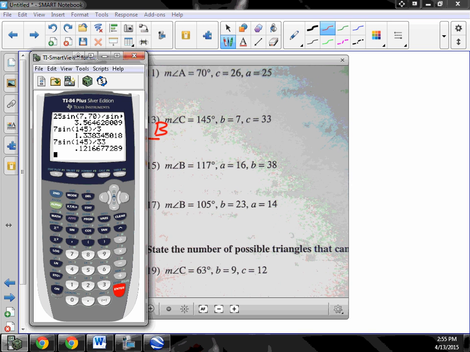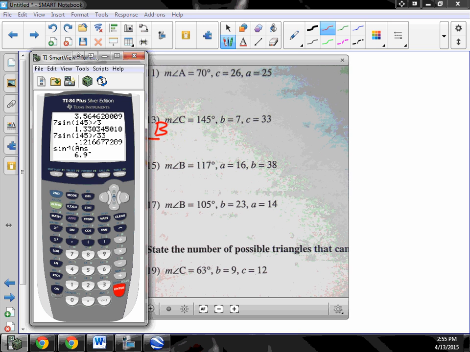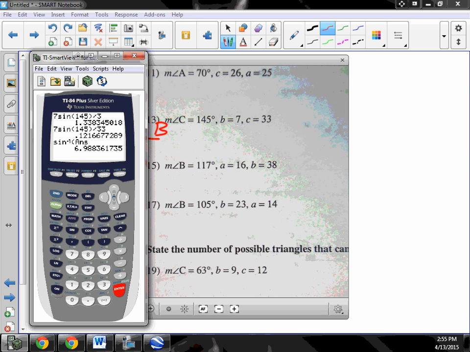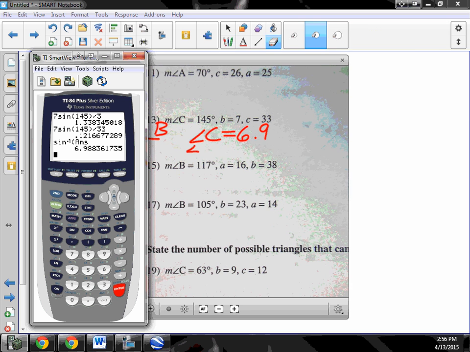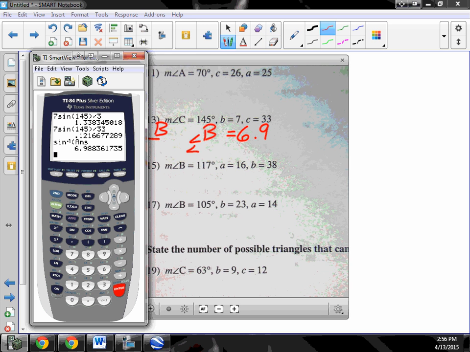So if I take the inverse, that tells me what? What is 6.9? Angle C. So angle C is 6.9. I now need to find angle, no, wait, not C, B. Angle B is 6.9. I now need to find A, and once I find A, I can find little a. But is 6.9 bigger than 145?